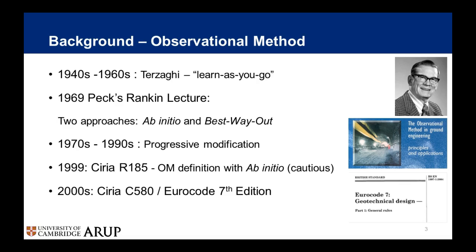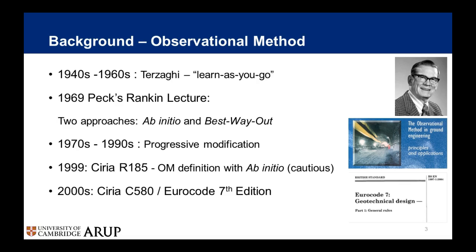The first is ab initio, which means applying the observational method from the beginning, using the most probable design parameters under the most probable design conditions. And the second approach is the best way out, proposed for some unexpected events that have already happened or are going to happen. It aims to use the observational method to save the project from difficult situations.